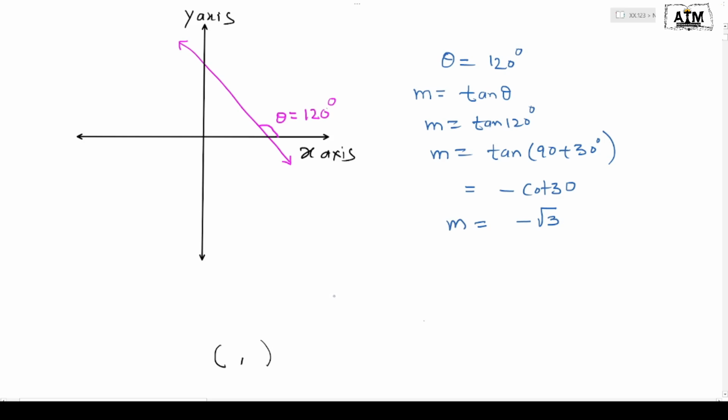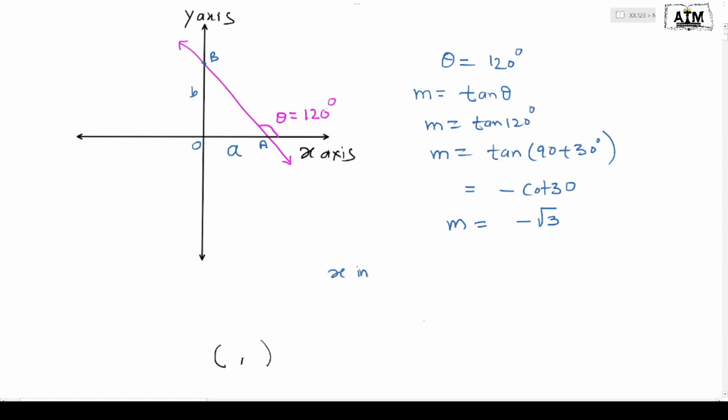The line is drawn in the first quadrant, and let us say distance OA equals small a and distance OB equals small b.